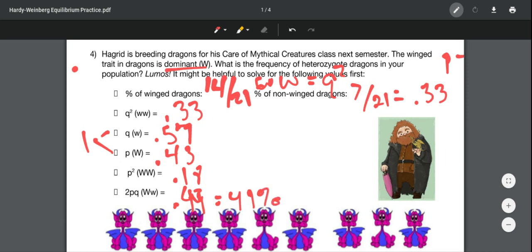All right, of the dragons are likely to be heterozygous. So you're just going to have to solve for one of them and figure out the rest. The most important thing about doing these ones is just figuring out what do you know. With what you know, can you get P or Q? Because once you have P and Q, the genotypes are all really straightforward.